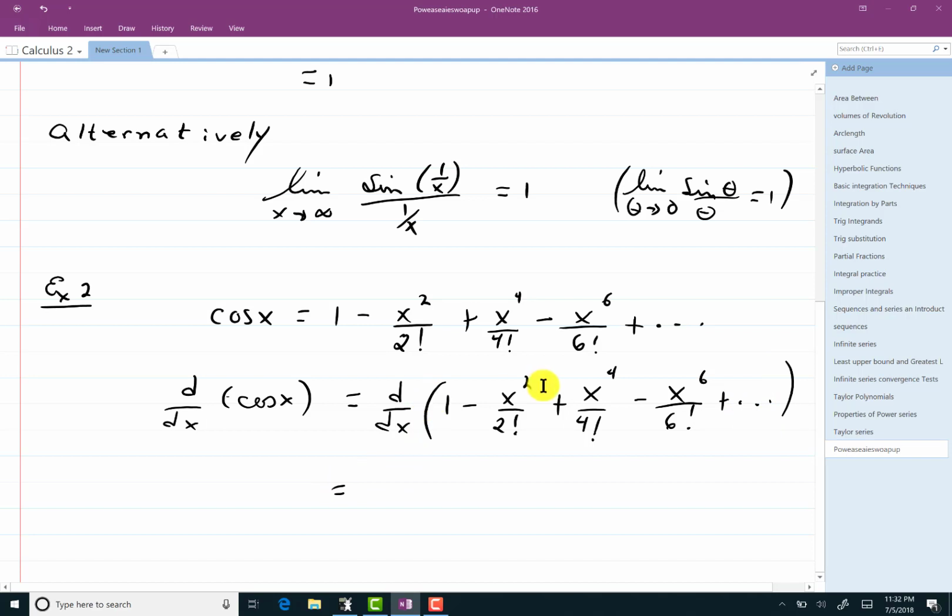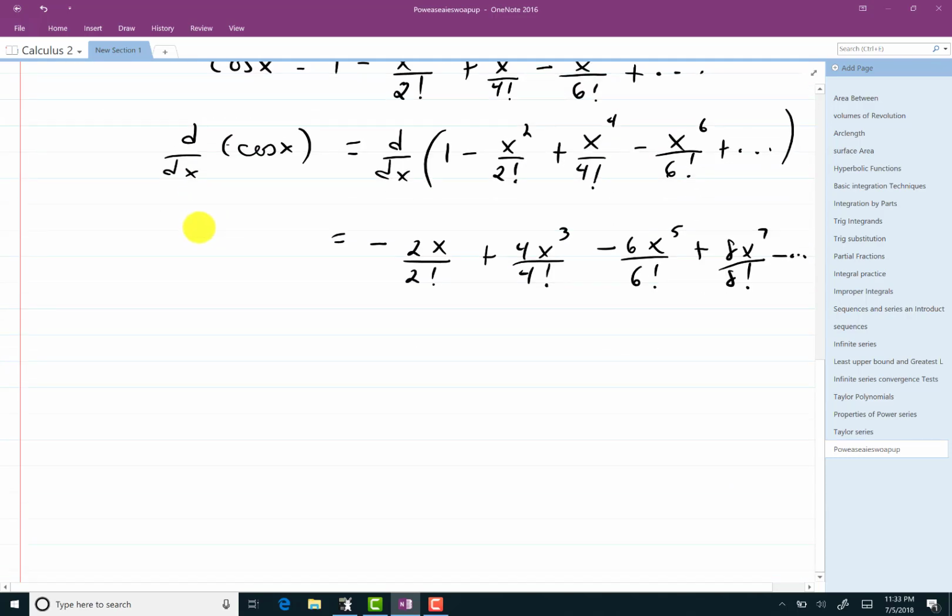Of course, the derivative of 1 is 0. Then I'm going to get negative 2x over 2 factorial plus 4x cubed over 4 factorial minus 6x to the 5th over 6 factorial. I'll do one more just in case it's not evident to everybody just yet. So 8x to the 7th over 8 factorial minus dot dot dot.